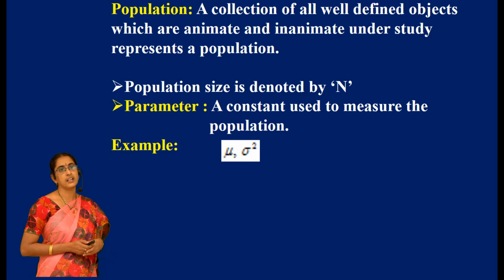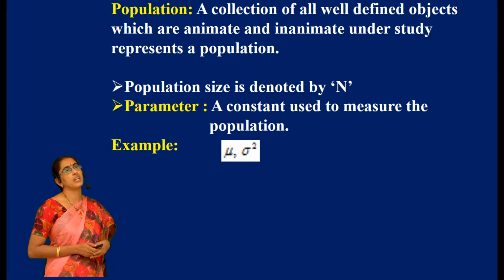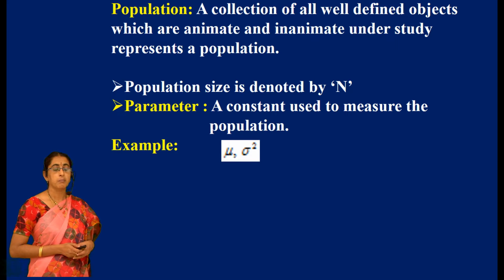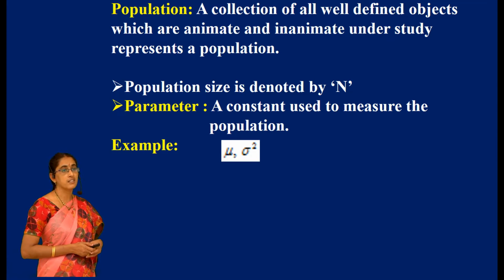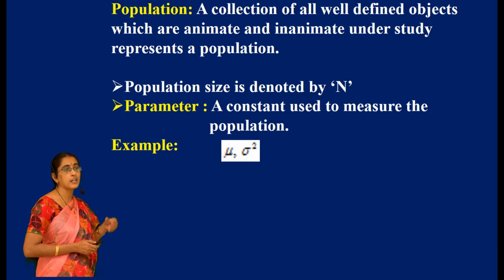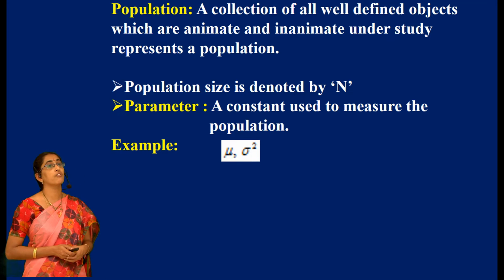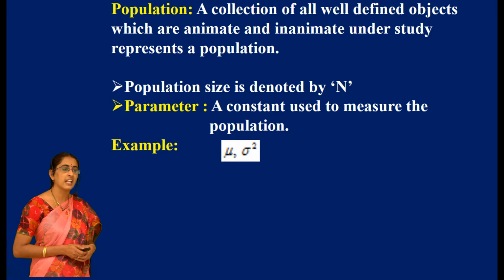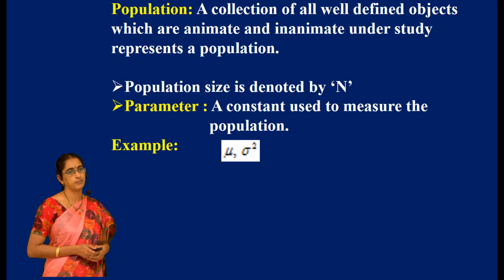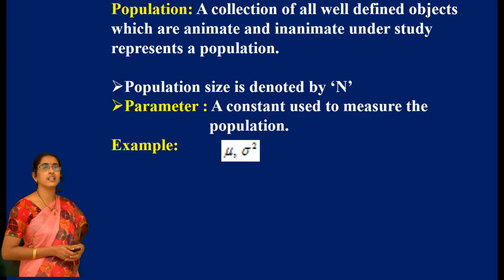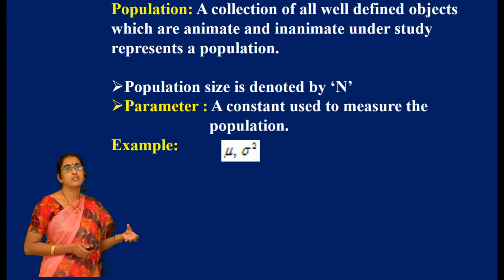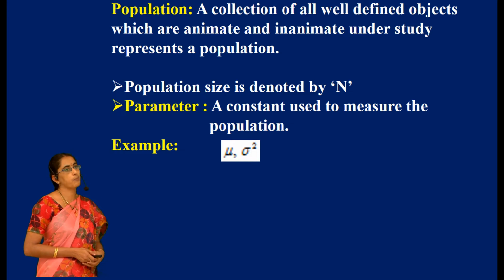To analyze anything, first we have to consider the population. But it is impossible for the researcher to consider the entire population. In simple words, the population is defined as a collection of well-defined objects, animate or inanimate, under study. For example, you can consider the entire student strength of this Vignan college as the population.